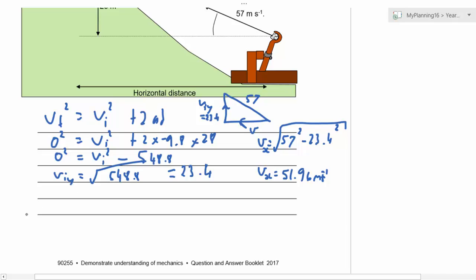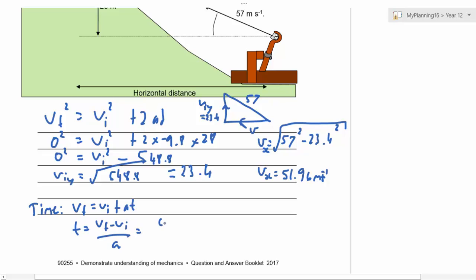And then I need to work out the time. So the time is in the air. I know all these variables except for t, and so I can choose an equation that I want to. In this case, I'm going to use vf equals vi plus at. I'm going to rearrange that for time, so vf minus vi equals at, and then I divide by a, so it equals t all by itself.